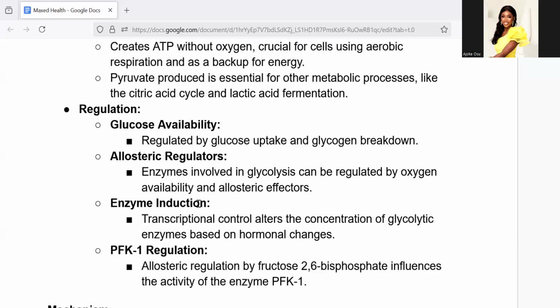Glucose transporters transport glucose from the outside of the cell to the inside. And cells containing glucose transporters can increase the number of glucose transporters in the cell's plasma membrane from the intracellular matrix. Therefore, they will increase the uptake of glucose and the supply of glucose available for glycolysis.